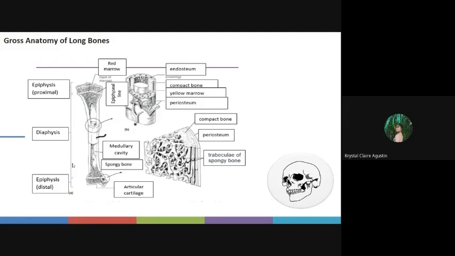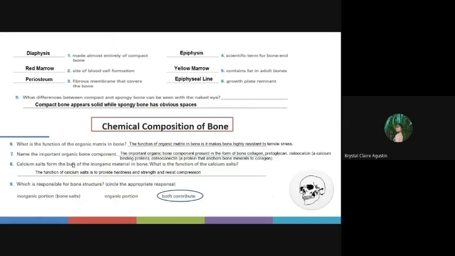As we see on the PPT, the gross anatomy of long bones includes red marrow, epiphyseal line, medullary cavity, spongy bone, articular cartilage, epiphysis proximal, diaphysis, epiphysis distal, endosteum, compact bone, yellow marrow, periosteum, and trabeculae of spongy bone.